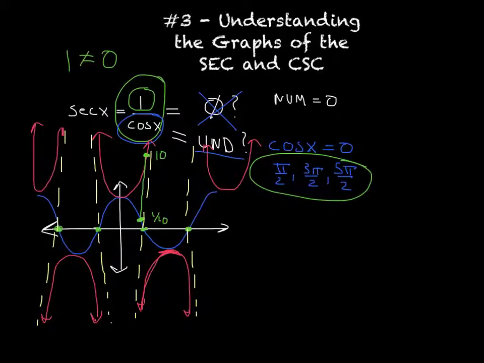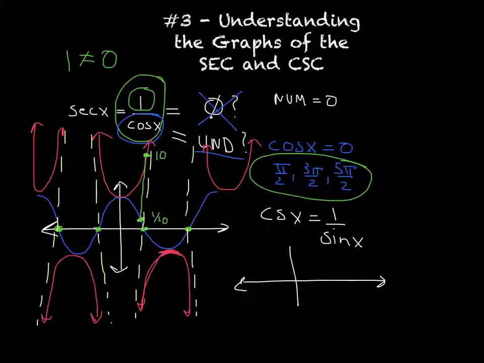And you can see the cosecant is going to work the same. The only difference with the cosecant is that the cosecant of x is equal to 1 over the sine of x. So if we draw the sine graph, let's see if we could draw the sine graph. We'll do this one really quickly. Sine graph is going to be this guy.